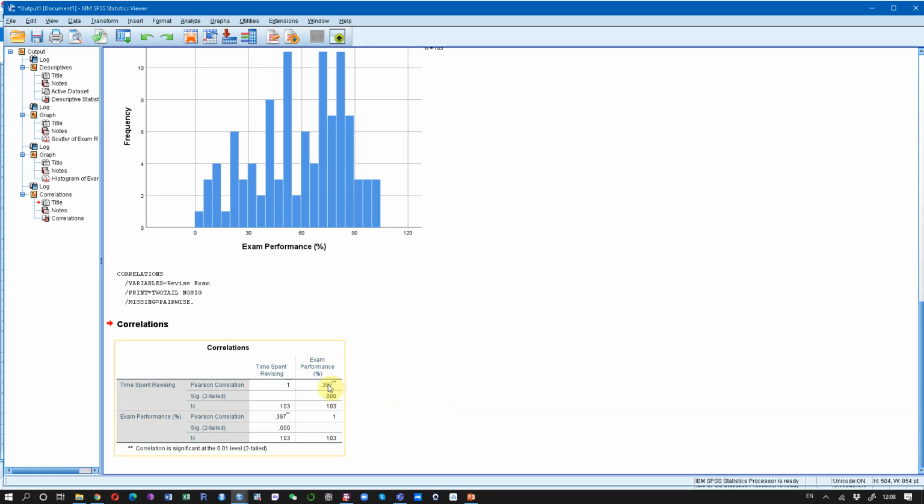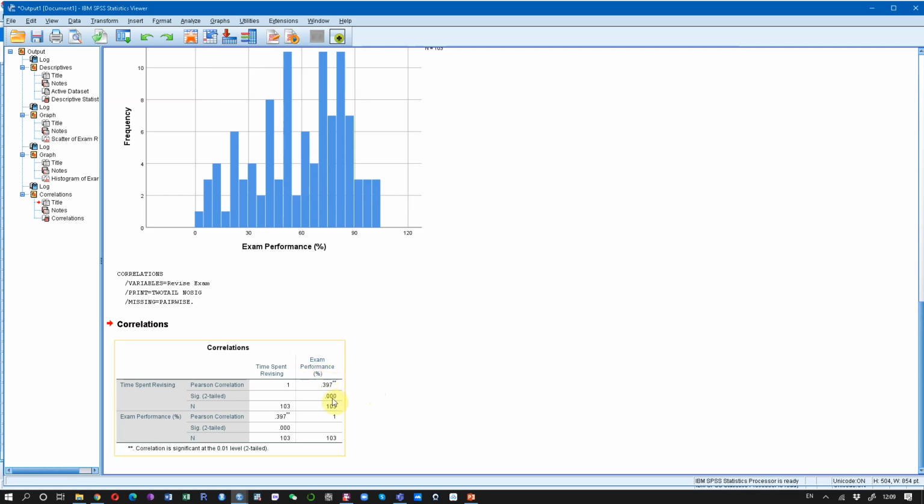That is the actual coefficient of correlation. So that is saying every 1 unit movement in time spent revising will impact a positive 0.397 unit of movement in the exam performance.